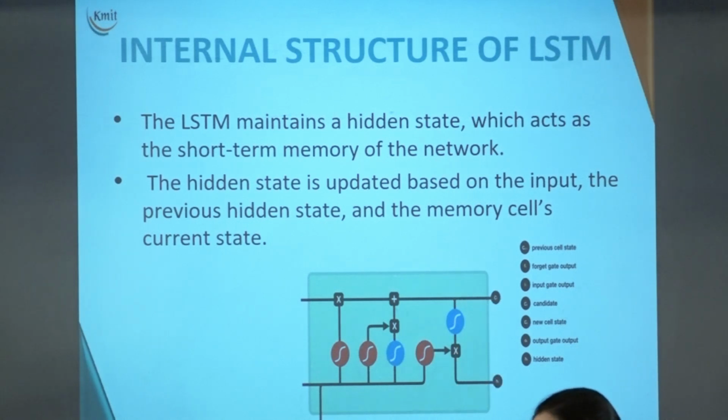Please remember, brush up before you come. All the topics are in sequence, so please remember your previous topic when you come for the next class. So y of t will be dependent on h of t minus 1 and x of t. The same case works with LSTM. LSTM uses a hidden state which is updated based on the input, the previous hidden state, and the memory cell's current state.